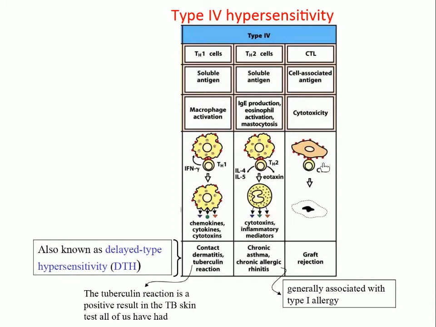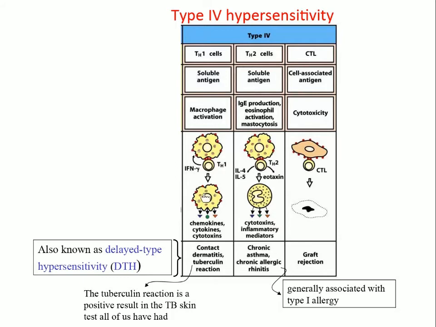The CTL will carry direct killing, which is called graft rejection. So your immune system or your body rejects the newly transplanted organ, or it can be mediated indirectly through the helper CD4 cells, which somehow activate macrophages with the secretion of certain cytokines.